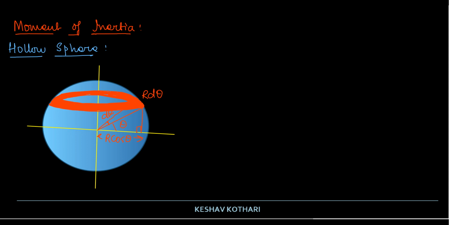So in order to do this, we are using sigma. So sigma is written as m upon 4 pi r square, which is equal to dm upon the area of the element which we have selected.